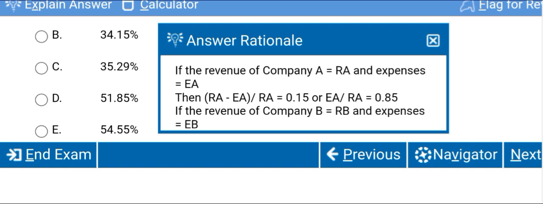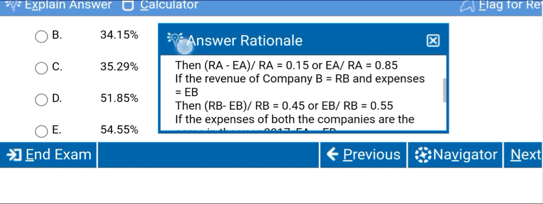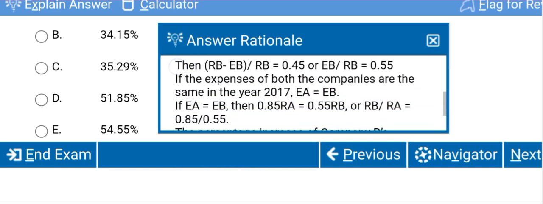If the revenue of company B is RB and expenses equals EB, then RB minus EB divided by RB equals 0.45, or EB divided by RB equals 0.55.